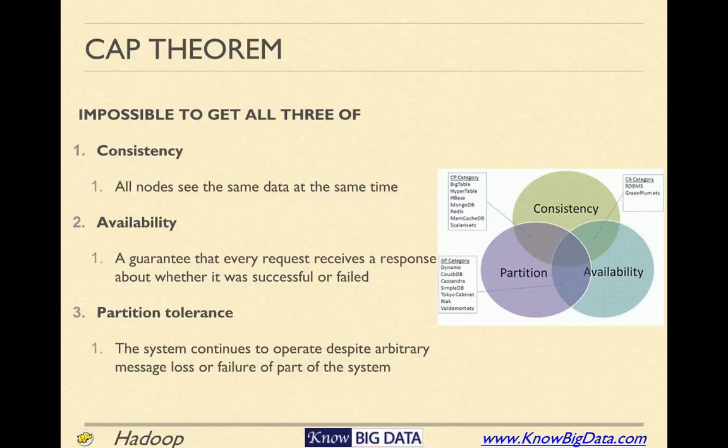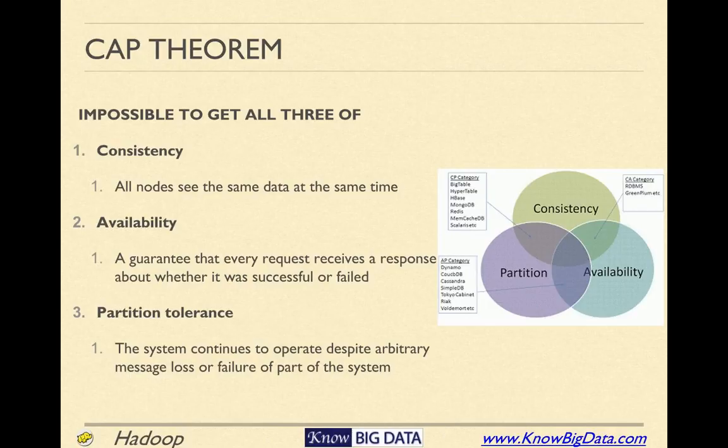What is important is the CAP theorem. We need to understand this aspect. We just talked about how NoSQL databases are not able to provide many features, and one of them was that they are mostly not able to provide consistency and transactions.